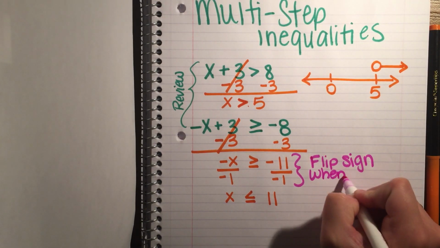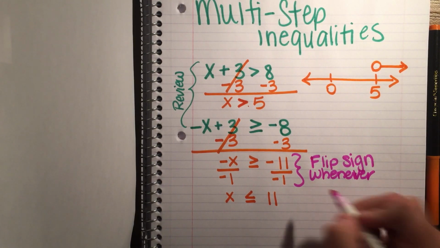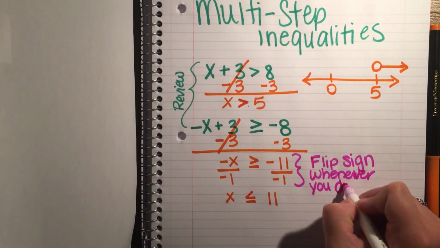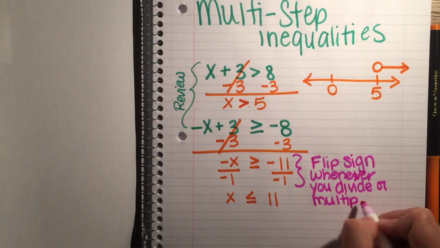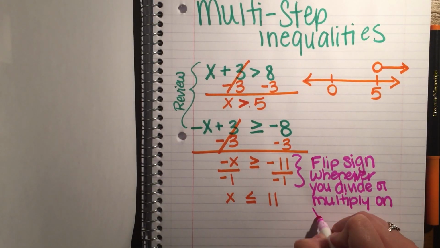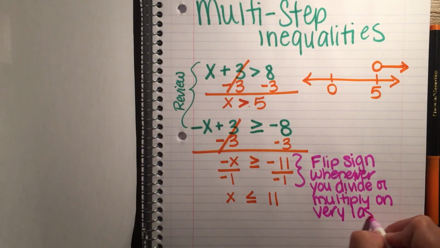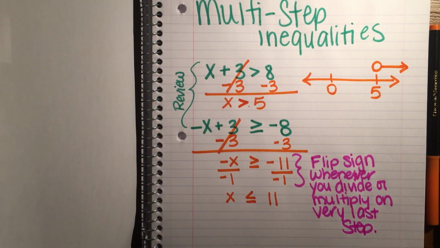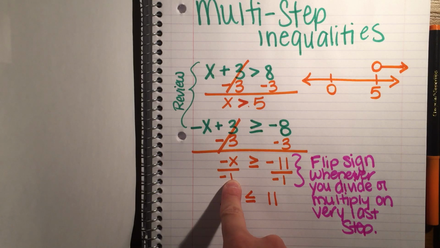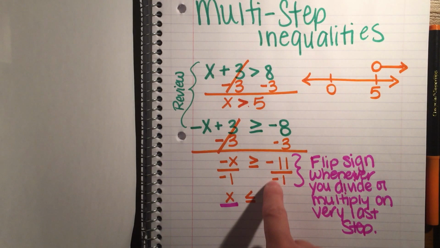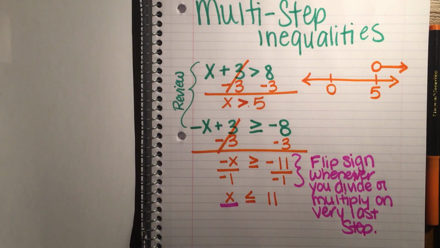So whenever you divide or multiply, on the very last step, that last step should always be when you're isolating the variable. So if you divide or multiply by a negative, then you flip your inequality sign to keep your statement true.